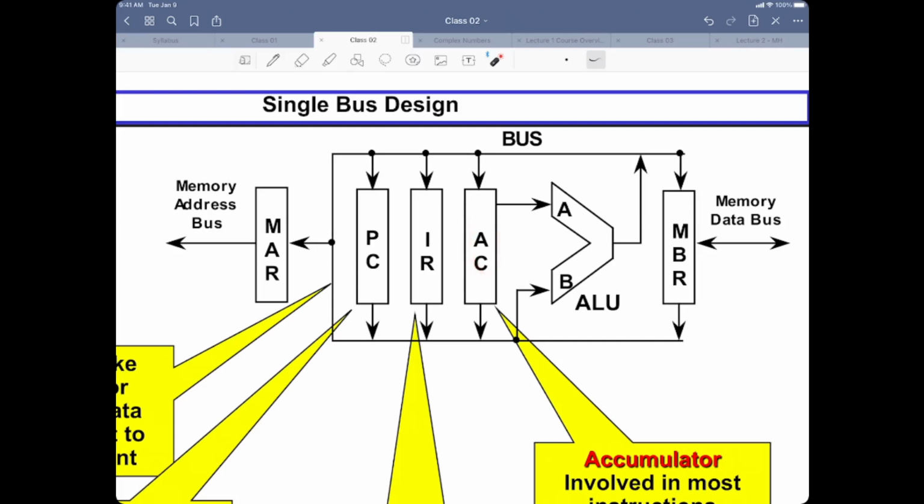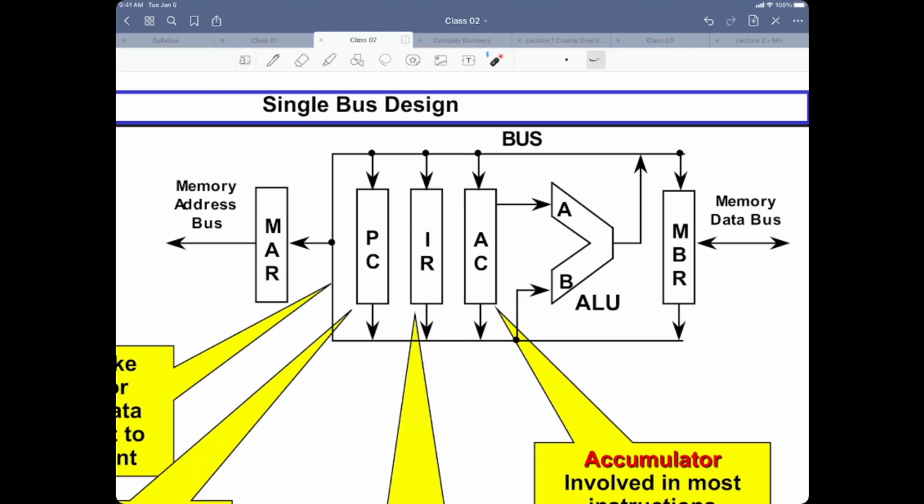We have another very useful register here. Accumulator, AC. You know what its function is? Its function is to hold temporary results. So for example, while you are doing multiple instructions, you may need some temp, right?